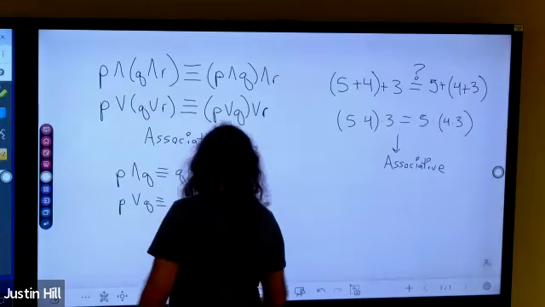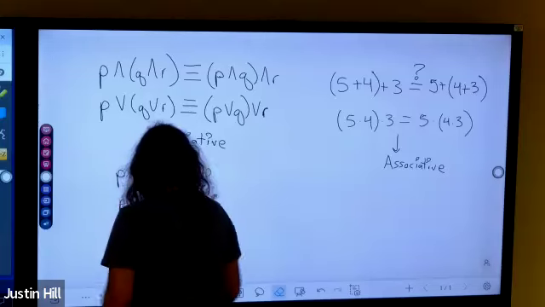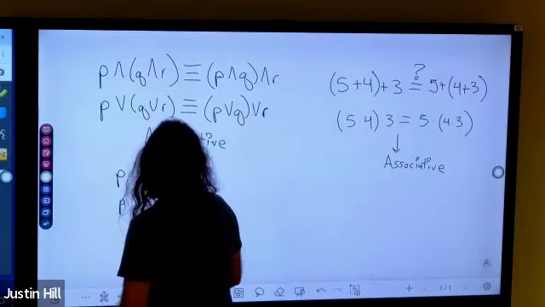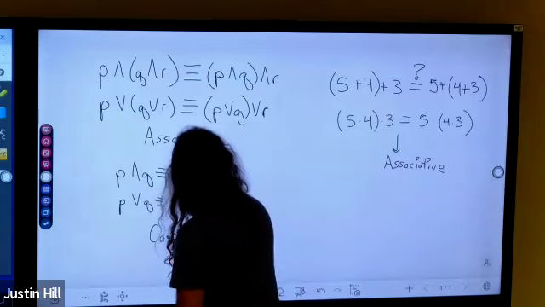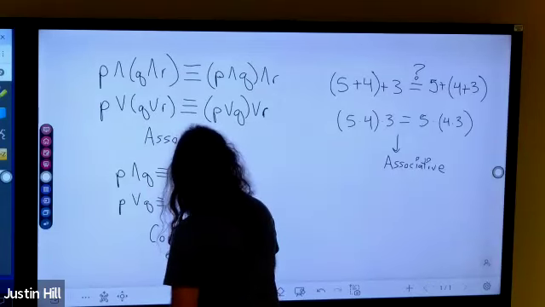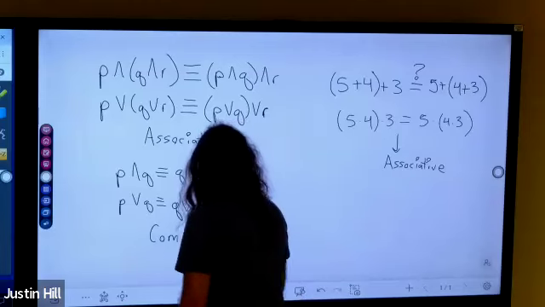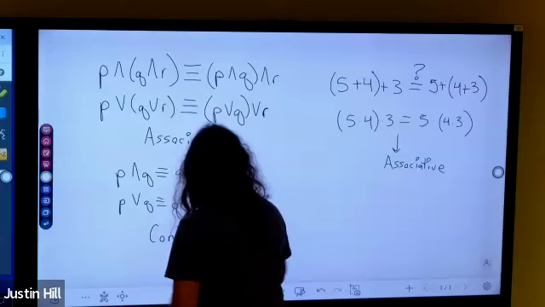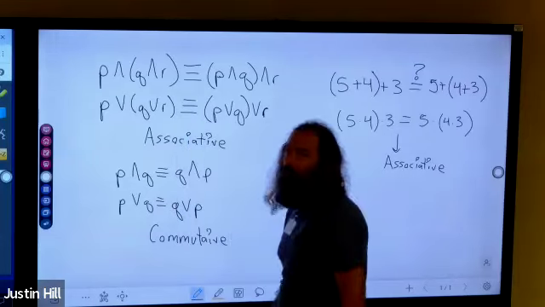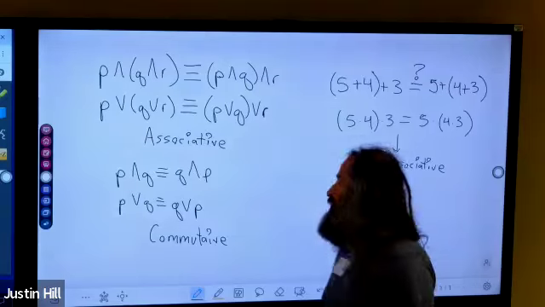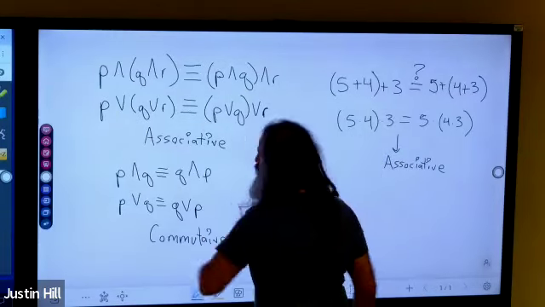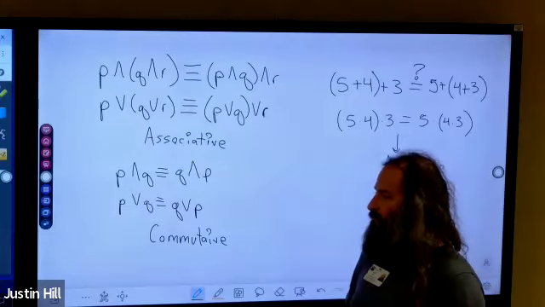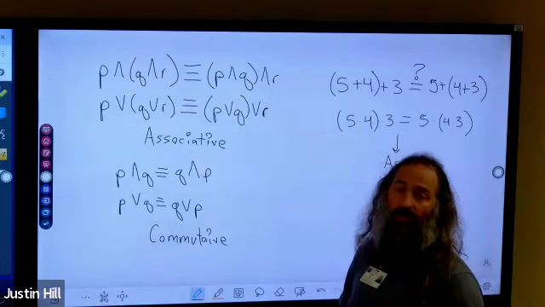Sorry, let's make that a Q. And we called that the commutative property. So we called that the commutative property in an algebra class, and so we call it the commutative property in this class as well. There's a commutative property for the and the or operators in logical statements.